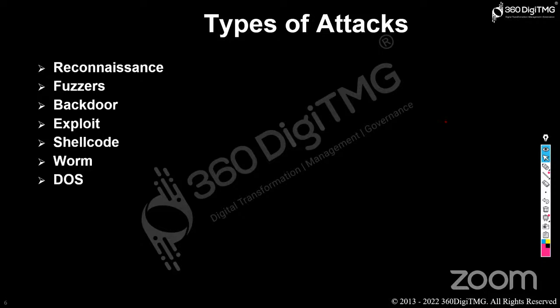Okay. The first one which we are having is called reconnaissance attack. What is this? This is a type of cyber attack, guys, that an attacker uses to gather all the possible information about the target, even before launching the attack.